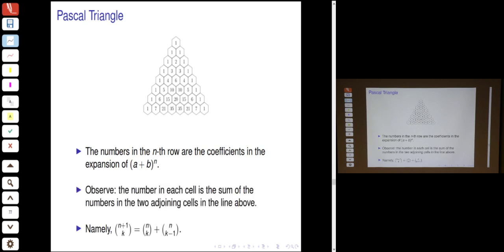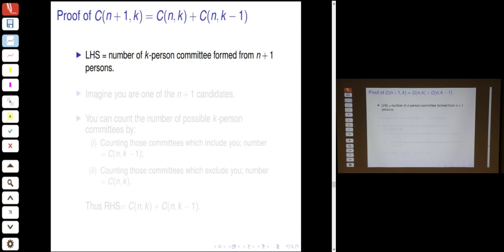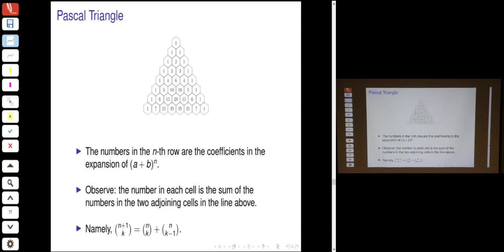Okay, I will stop after this. Next time we do this. From this triangle, we observe that each number comes from the 2 neighbors on top of it. But this number also has an expression.